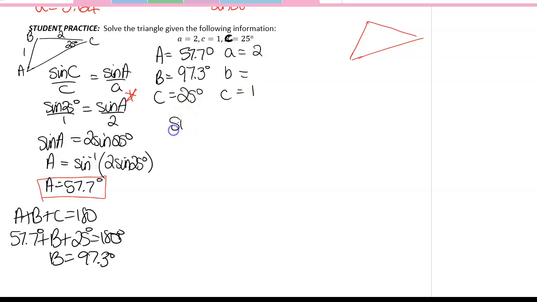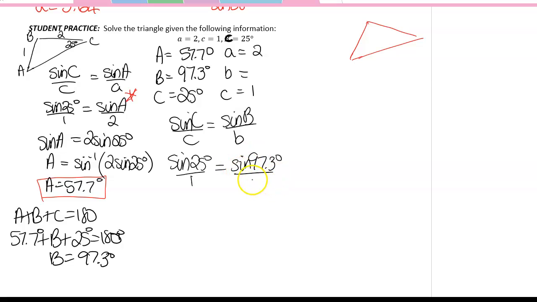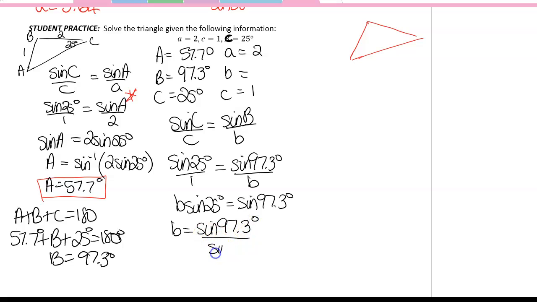So use what you can of the original, so sine C over C equals sine B over B. So sine of 25 degrees over 1 equals sine of 97.3 over my unknown B, so cross multiply. The 1 disappears, all gets absorbed into the sine 97.3.